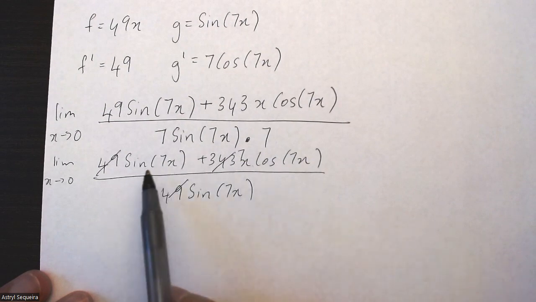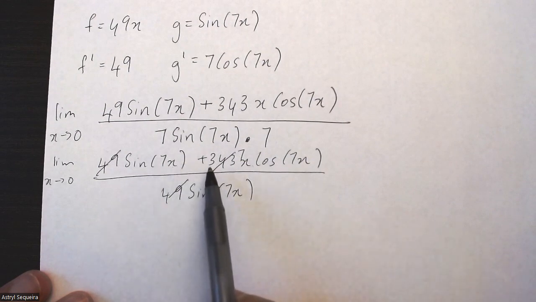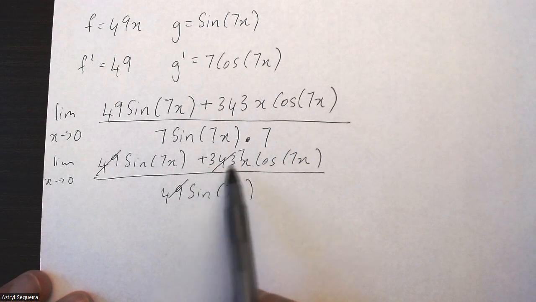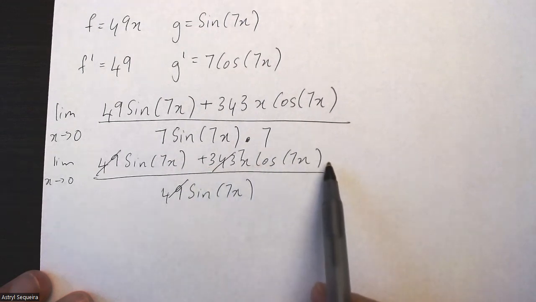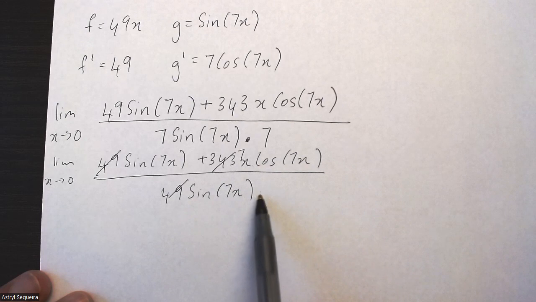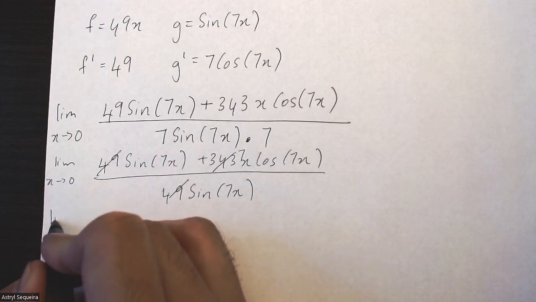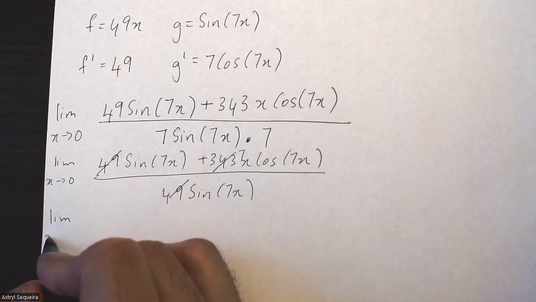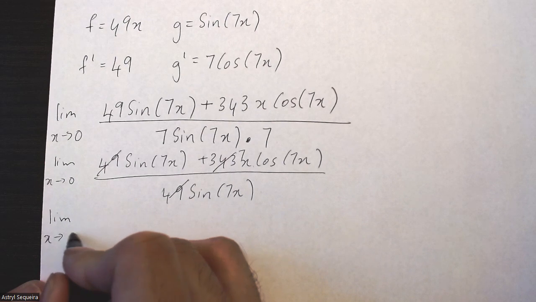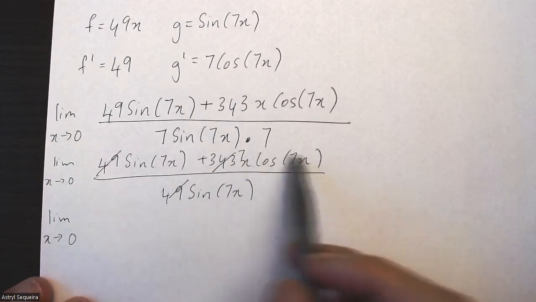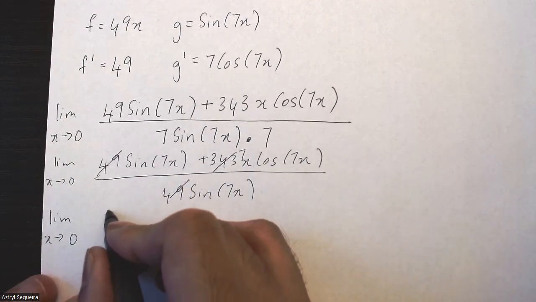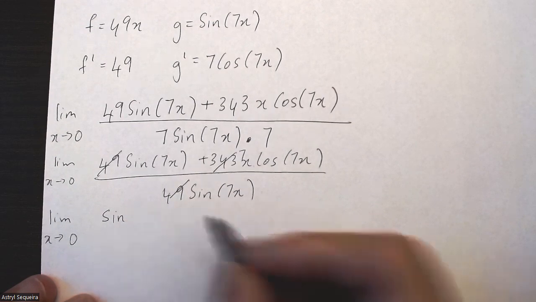So now I have sine 7x plus 7x cos 7x divided by sine 7x. Very similar to the question. Let's try deriving it a third and final time. I don't think L'Hopital's rule generally will go past 3 times. So this is going to be a product rule again here, but I'm going to do it in my head rather than on paper.